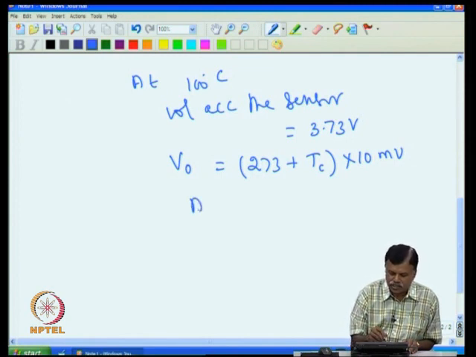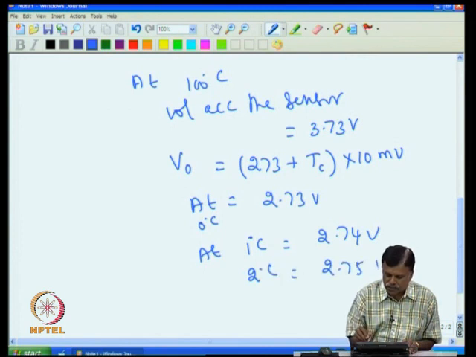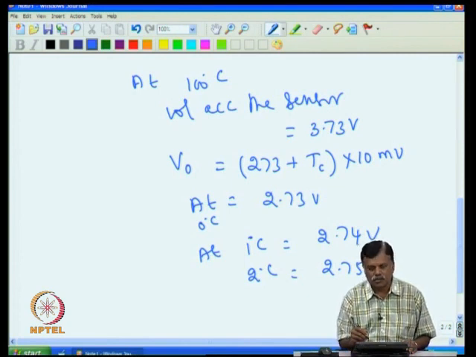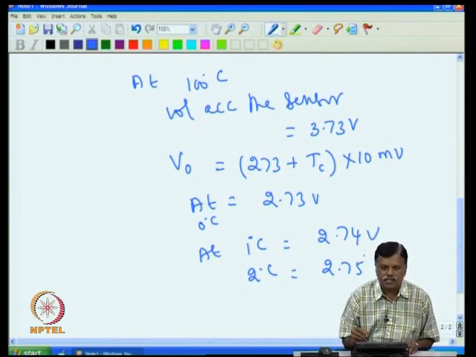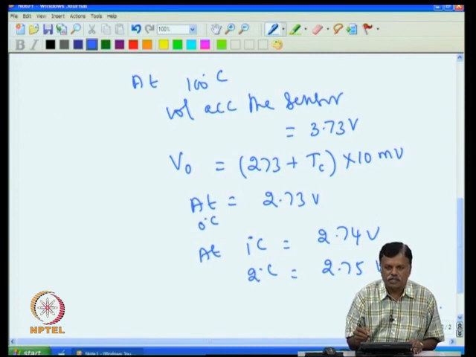At 0 degree C it gives you 2.73 volt. For example at 1 degree C, you will get 2.74 volt, and at 2 degree C you will get 2.75 volt, like that. For every 1 degree, a 10 millivolt increase in voltage you will see across the sensor. So, if I want to measure the temperature, I should keep the sensor wherever I want to measure, and then I will get a voltage like this.